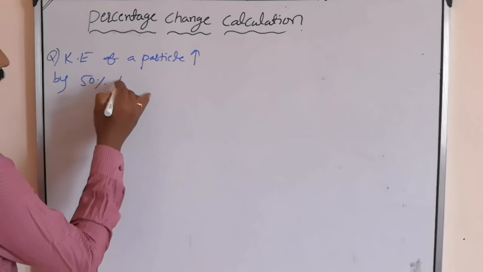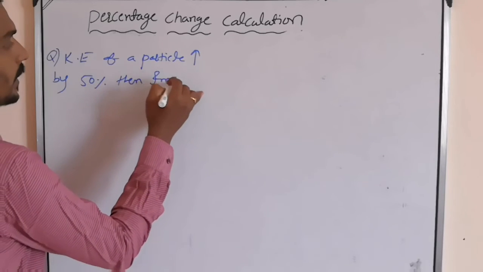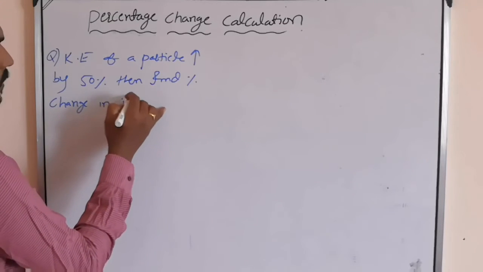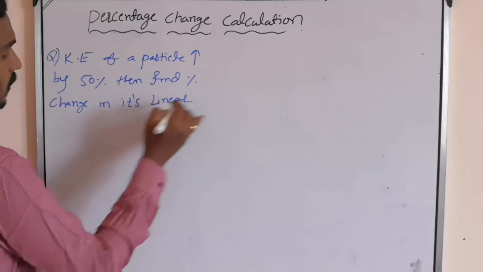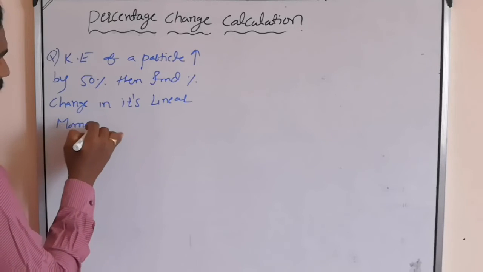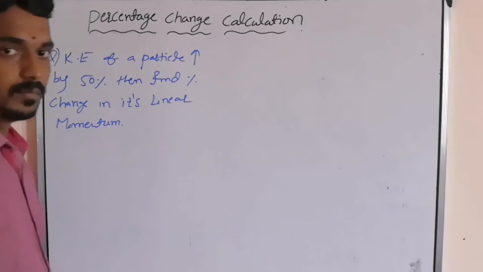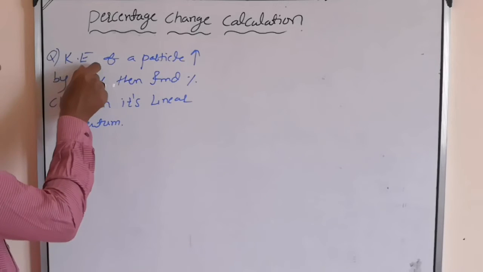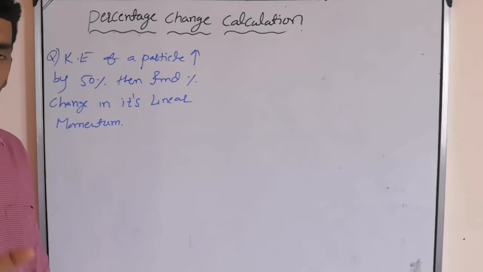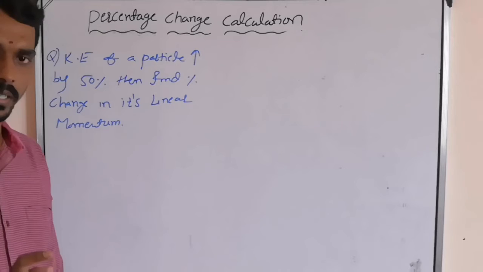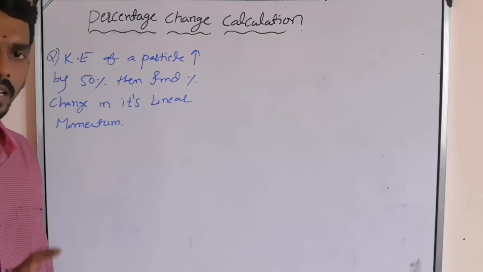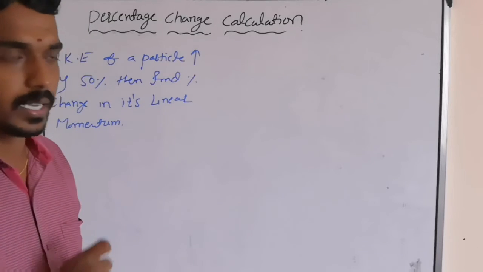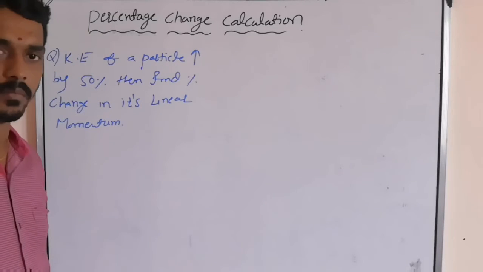Then find the percentage change in its linear momentum. So the question is about kinetic energy and linear momentum. I told you, when they give a question related to percentage change, the first step is to find which two quantities they are asking about: kinetic energy and linear momentum.